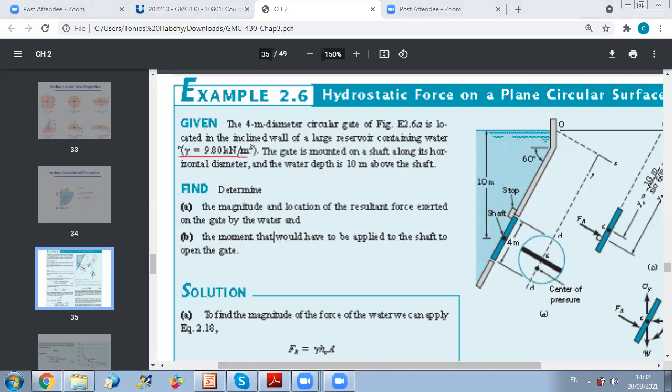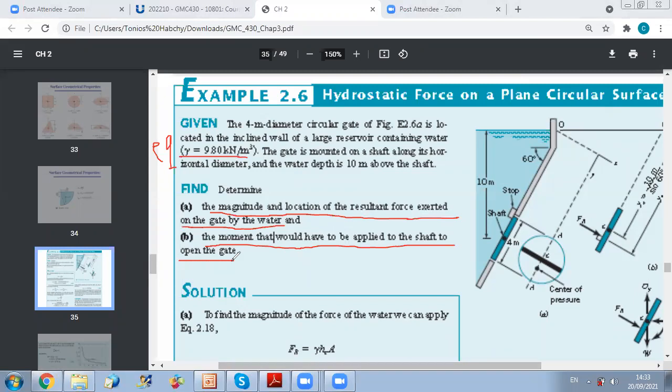When they give you gamma, this is rho times G. The gate is mounted on a shaft along its horizontal diameter, and the water depth is 10 meters above the shaft. We want to first determine the magnitude and location of the resultant force exerted on the gate by the water, and the moment that would have to be applied to the shaft to open the gate.